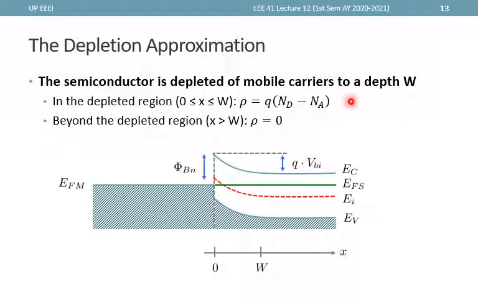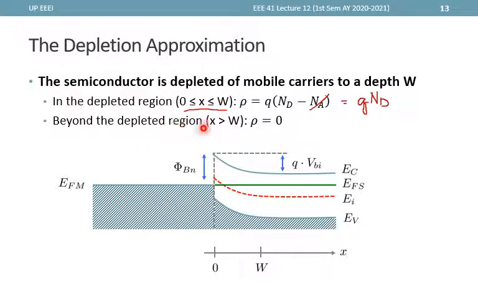And therefore, since we have an N-type material right here, then Na is simply 0. So we end up with rho is equal to QNd from 0 to W or at this portion.